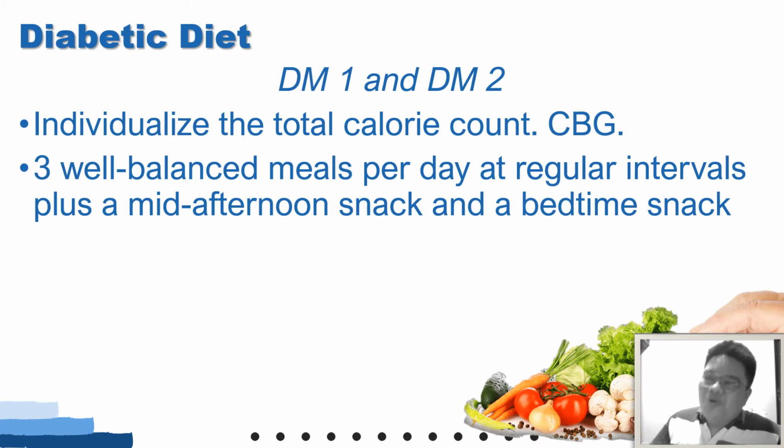Sir, why do they need to have 5 intakes in a day? To prevent hypoglycemia. So class, that means do not abruptly decrease the food intake of a patient with diabetes mellitus; other than that, they need 3 meals and 2 snacks.